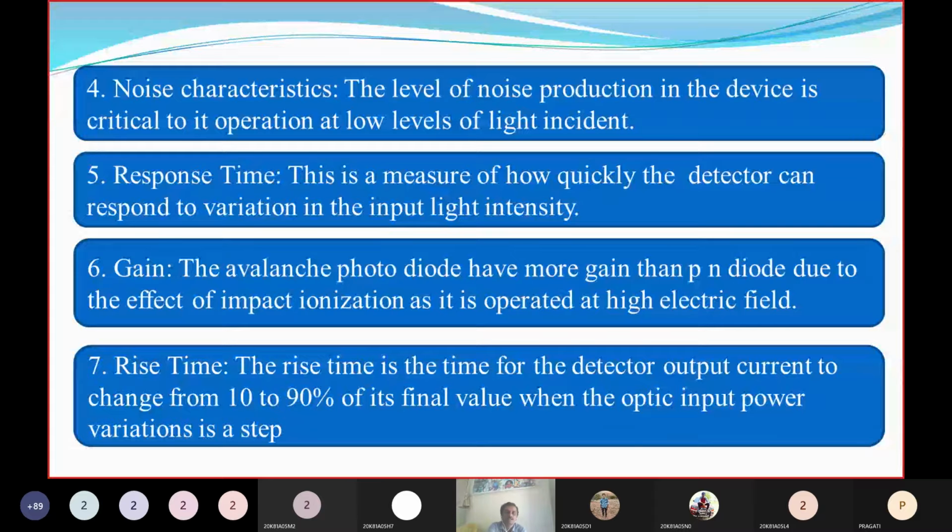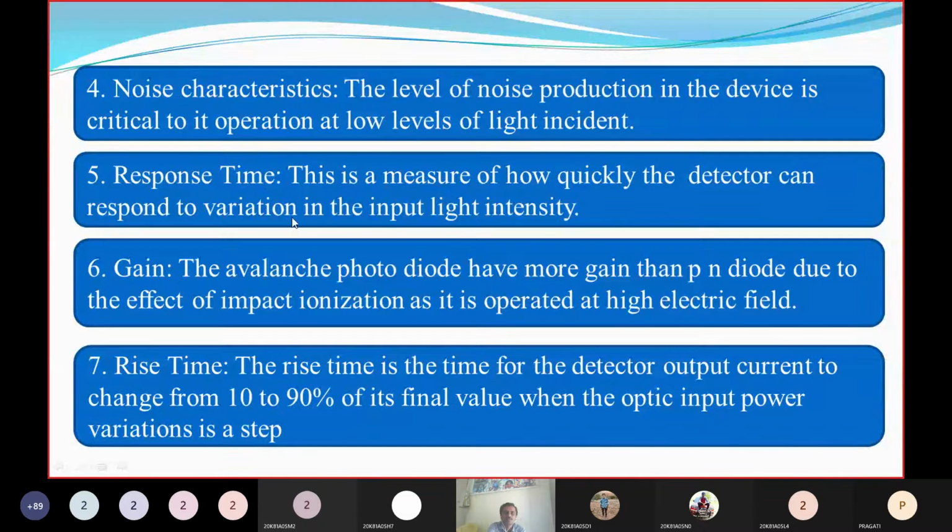So it depends on the response time. If the response time is very less, those will act as good photodetectors. So the response time should be very less.